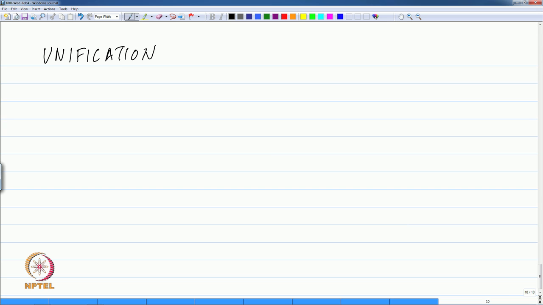So, only for this algorithm, I want to also introduce a different way of writing formulas, which you can find in this book by Charniak and McDermott, which I mentioned.